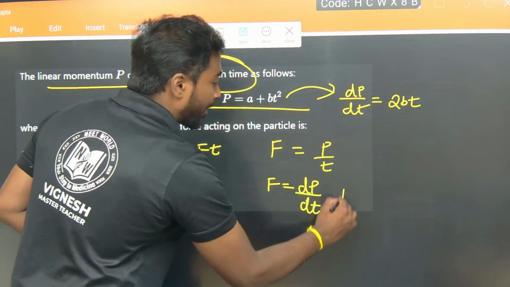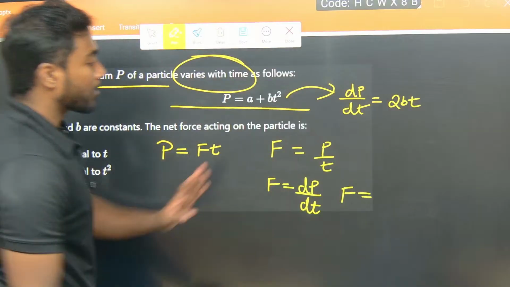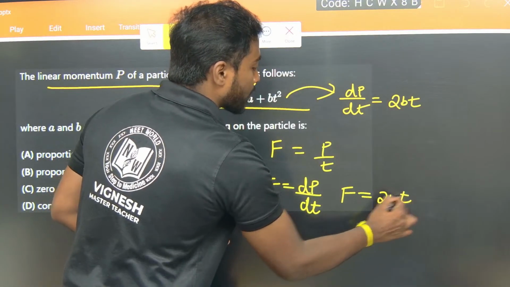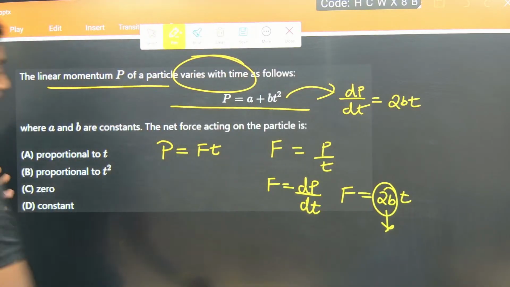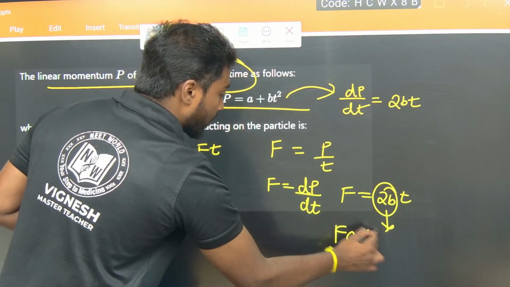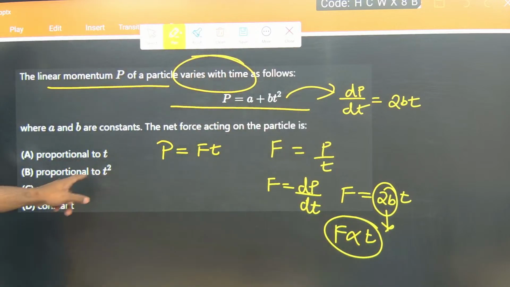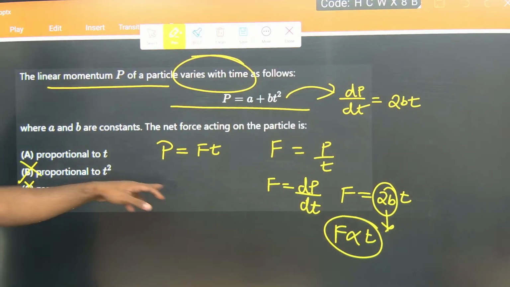Now write the value of dP by dt: F equals 2BT. These two are constants, so F is directly proportional to T. Constant won't come, 0 is not coming, and proportional to T square is also not there.